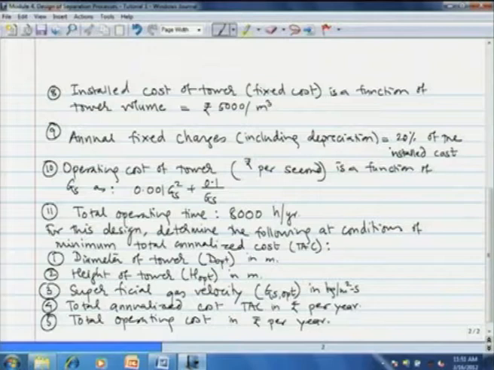For this design we have to determine the following parameters at conditions of minimum total annualized cost. First, the diameter of the tower D optimum, the height of the tower H optimum, superficial gas velocity at optimum condition GS opt, and total annualized cost TAC in rupees per year, and total operating cost again in rupees per year. So we start the solution.